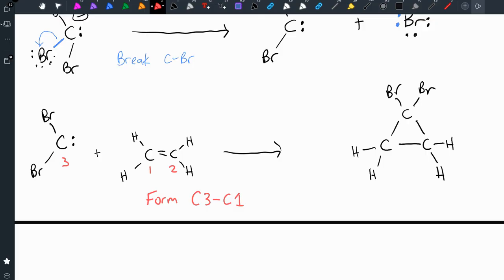I also need to form a carbon 3 to carbon 2 bond. And I'm breaking the C1 to C2 pi bond.